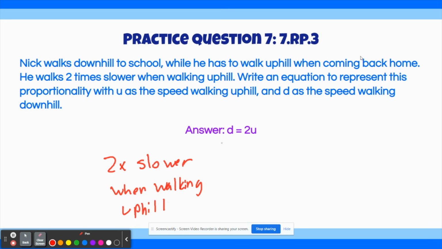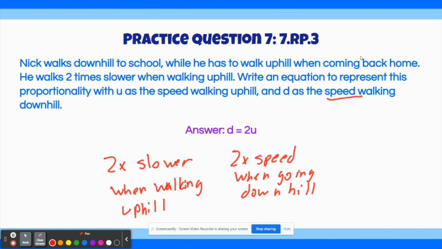And since we're trying to represent speed, he is 2 times faster when walking downhill, which means that his speed is 2 times larger when walking downhill. So that means his speed walking downhill is 2 times as much as it is when he's walking uphill.